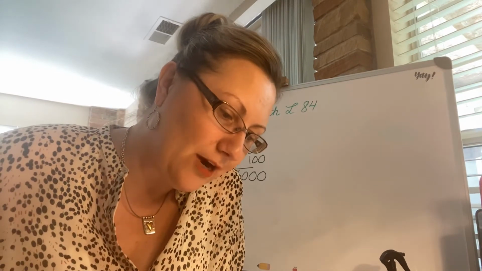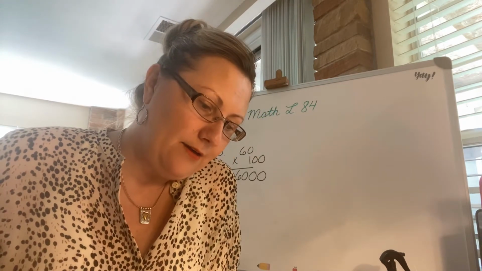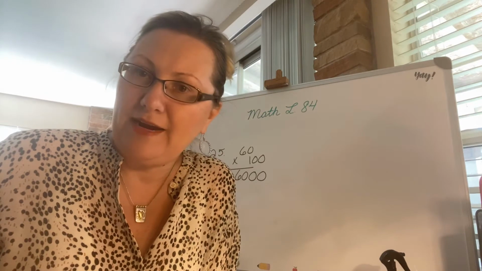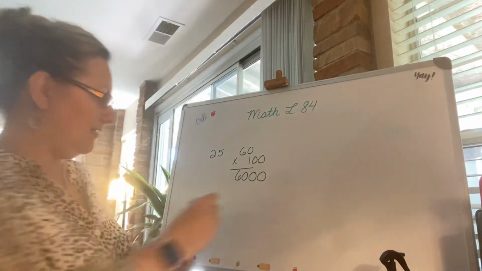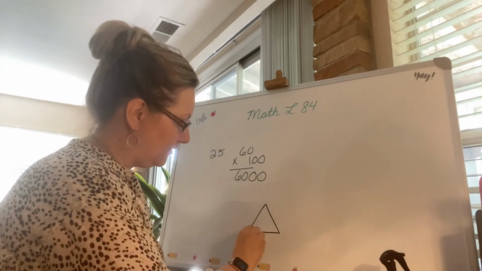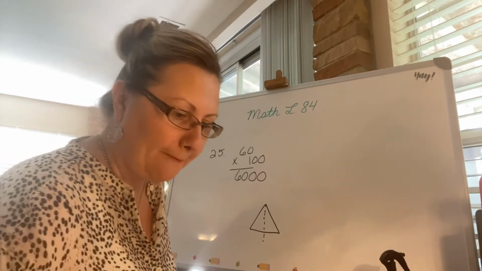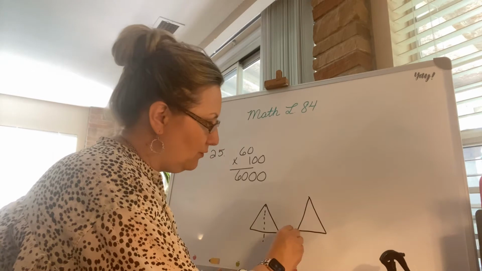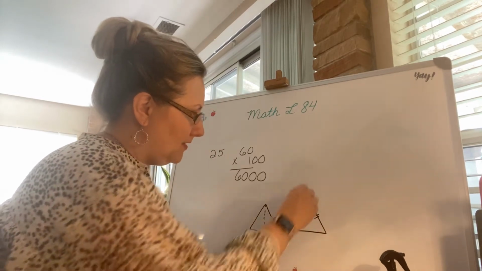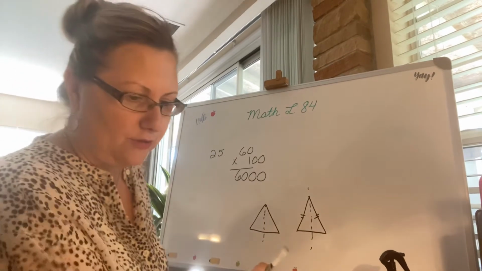Now it says, name the triangle that does not have reflective symmetry. Well, if you cut the first triangle, an equilateral triangle, you'll have symmetry. If you cut this right down the center, maybe I will draw it for a second, you'll see that the 2 sides are equal. If you cut one that is an isosceles where 2 of them are the same, you could cut it right down the middle and you will see reflective symmetry.